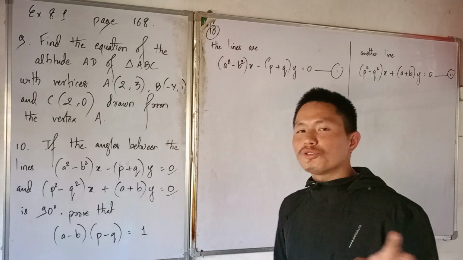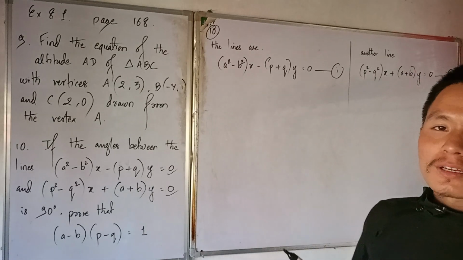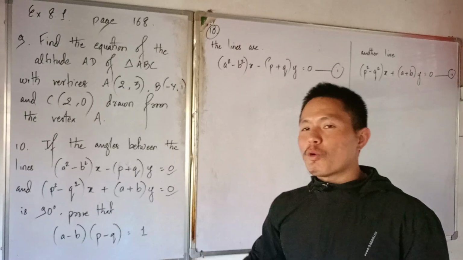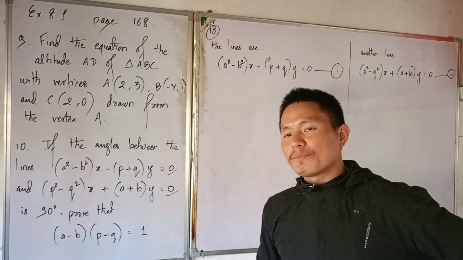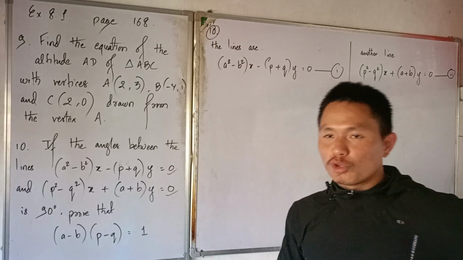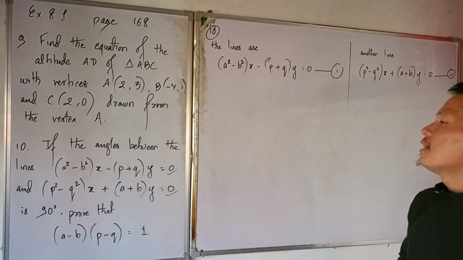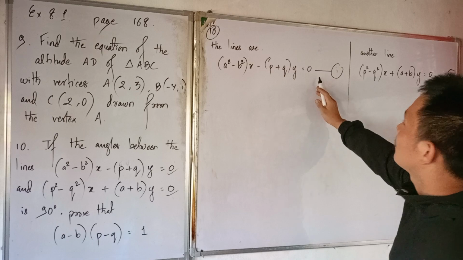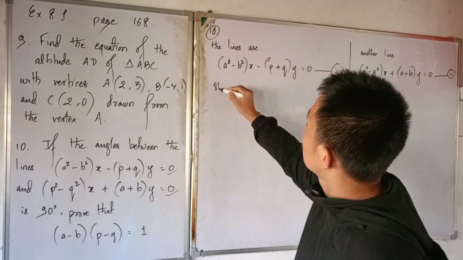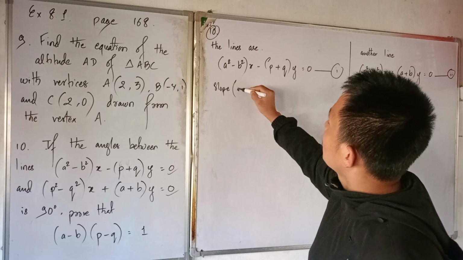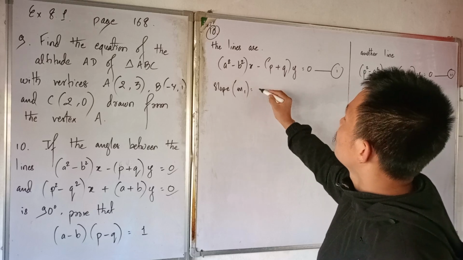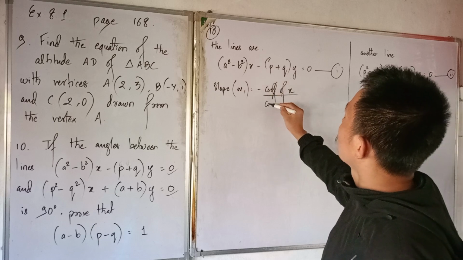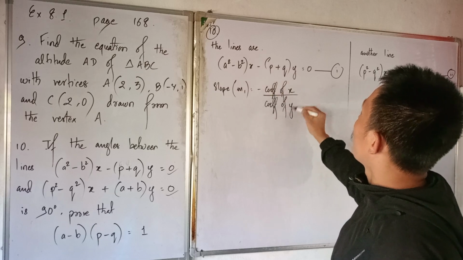It means you use the perpendicular condition: the slope of this line and this line, when multiplied, their product must be equal to minus 1. So we use that condition there. First you have to find the slope of this line. Let the slope of this first line be m1, which is minus coefficient of x divided by coefficient of y.